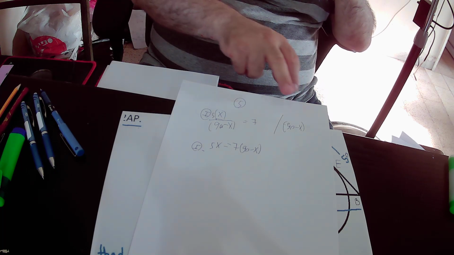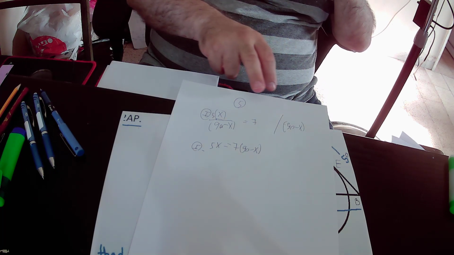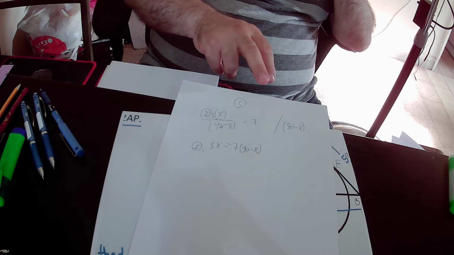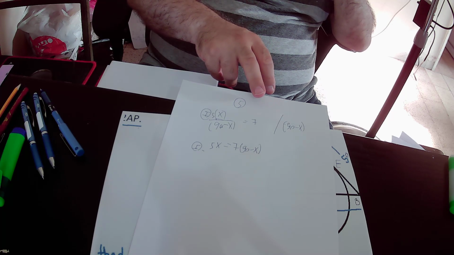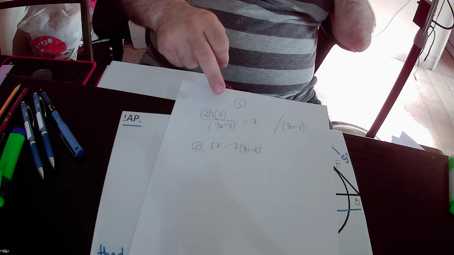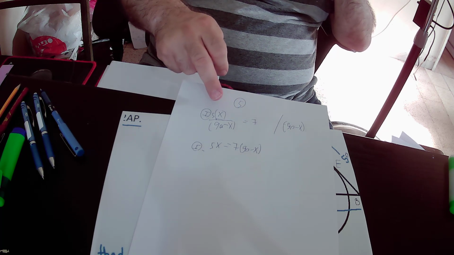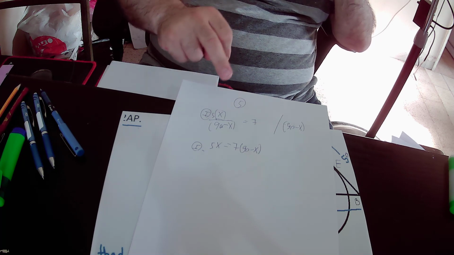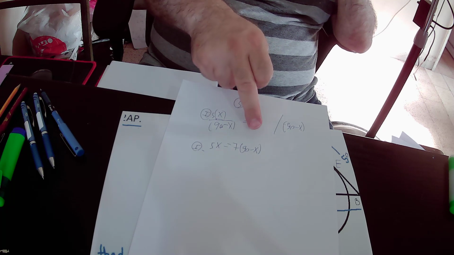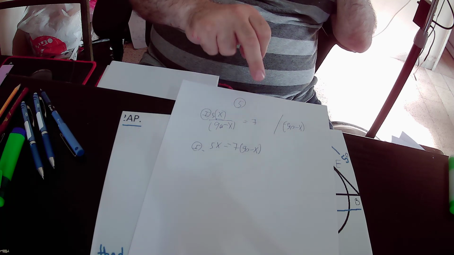Okay, so we multiplied both sides of the equation by 90 minus x. 7 times (90 minus x) equals 7 times (90 minus x), and 5x divided by (90 minus x) times (90 minus x) equals 5x. Now we will open the brackets in this side of the equation.